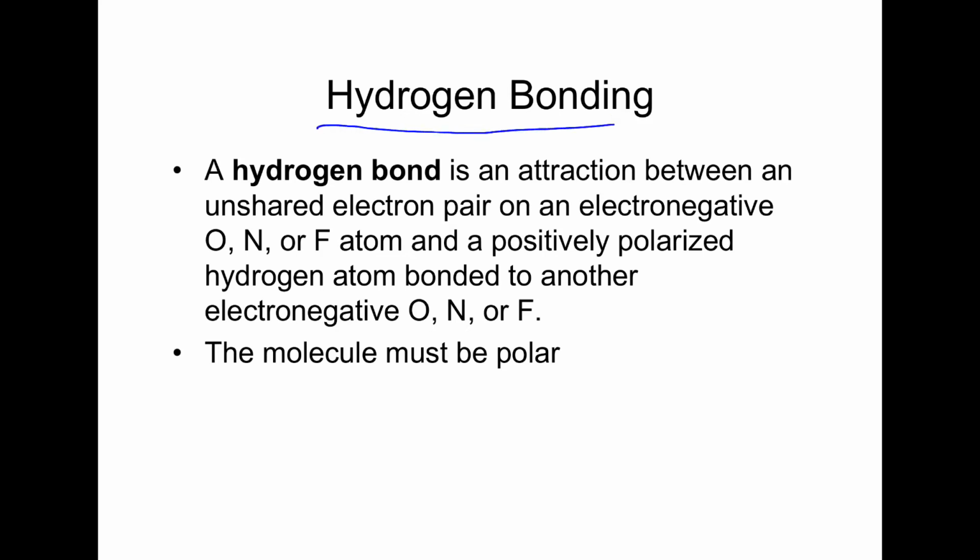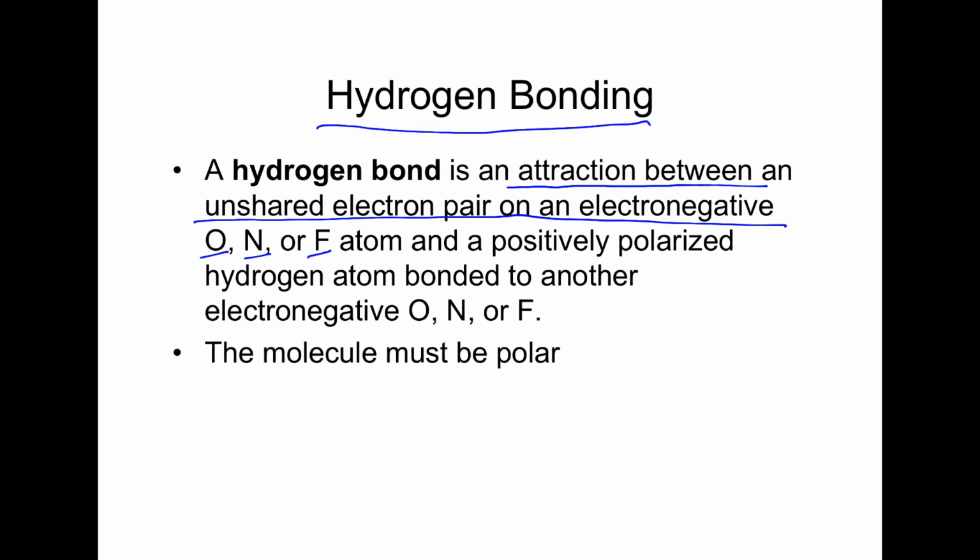Hydrogen bonding is a very special situation in which you have an attraction between an unshared electron pair on an electronegative oxygen, nitrogen, or fluorine. So that is a very small amount of molecules that have that kind of situation. It has to have an oxygen, nitrogen, or fluorine, and it has to have an unshared electron pair on that atom.